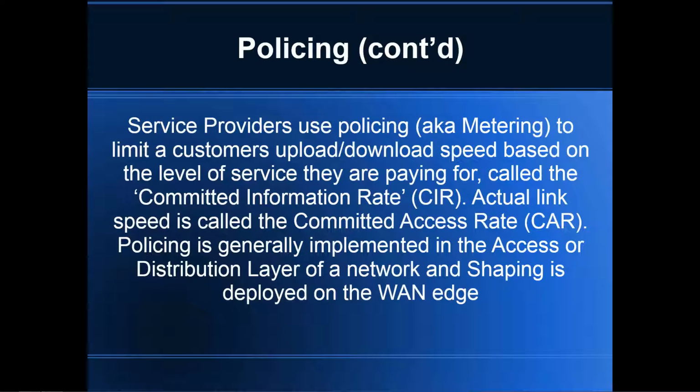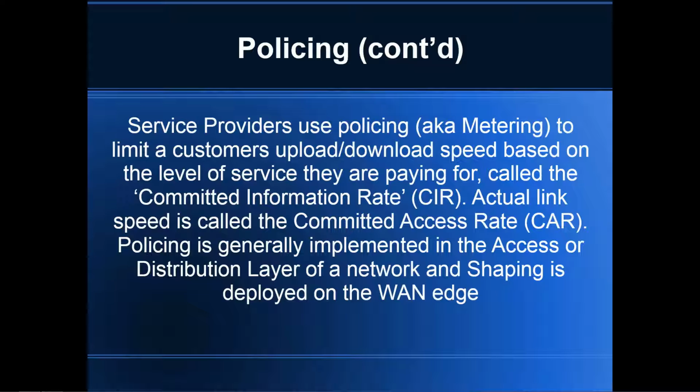An interesting note here for our policing is our metering. That's what service providers do to limit customers' upload and download speed. You pay for a specific bandwidth, upload and download speed for internet, and they apply some type of policy so that you can get your specific speed.